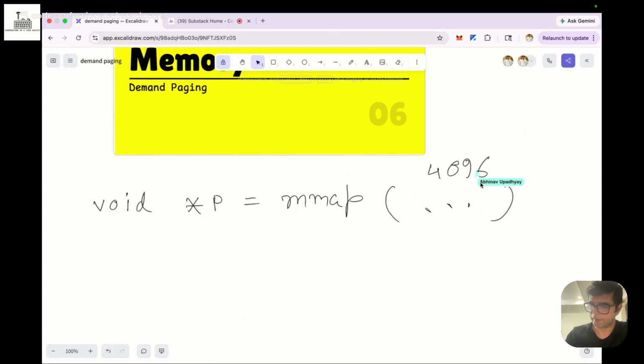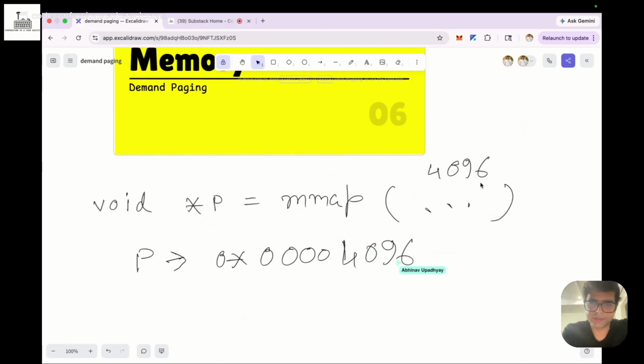For example, p might hold the address that the kernel has given us, some 4 KB aligned value. I'm just using 4096 here, but it has to be a page aligned address anyway.